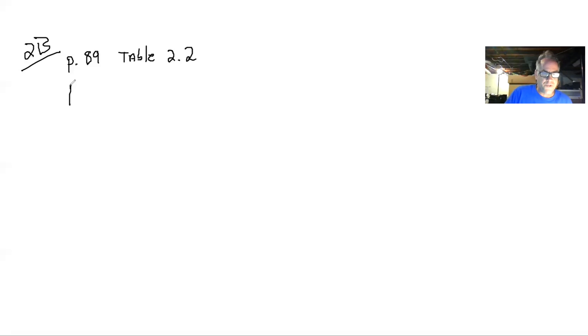Another table, just 2 pages over, is table 2.3, and it deals with just metric, right? And metric is powers of 10, just like a numeration system.